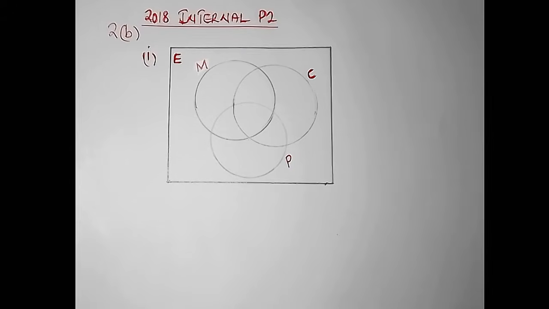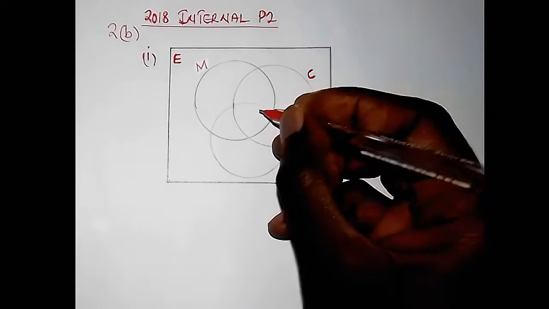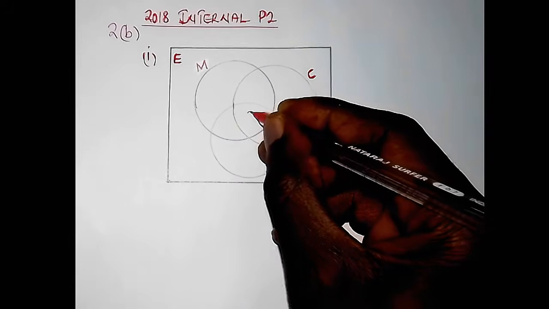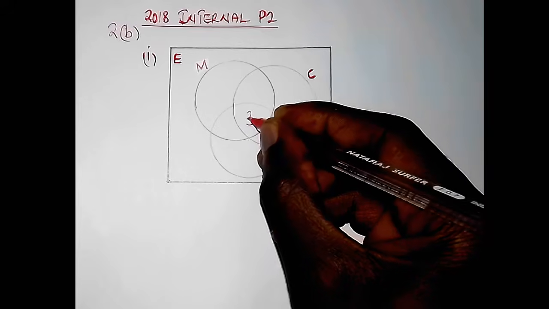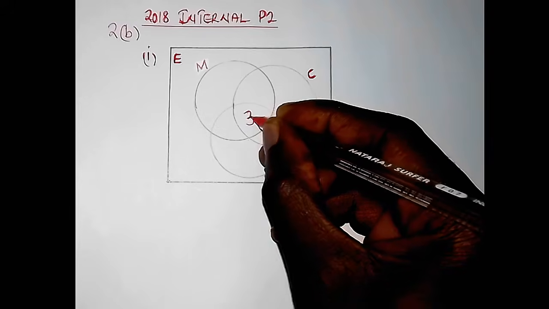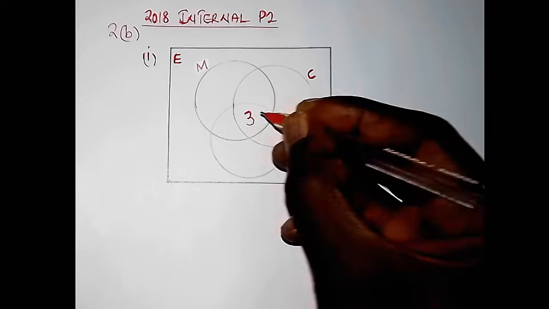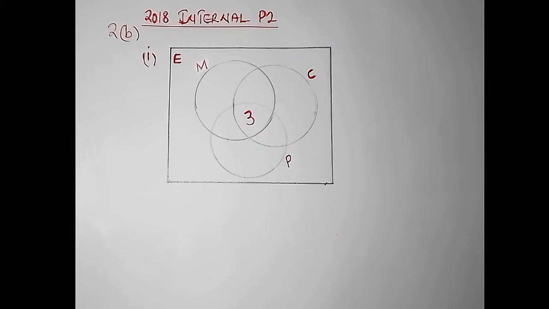So to fill up the Venn diagram, what we're just going to do is start with the easy numbers. For example, 3 students study all the 3 subjects. So this means that 3 students were doing all the 3 subjects. So we have to put 3 in the intersection of the 3 sets. Then we can also go to 4 students study mathematics only.